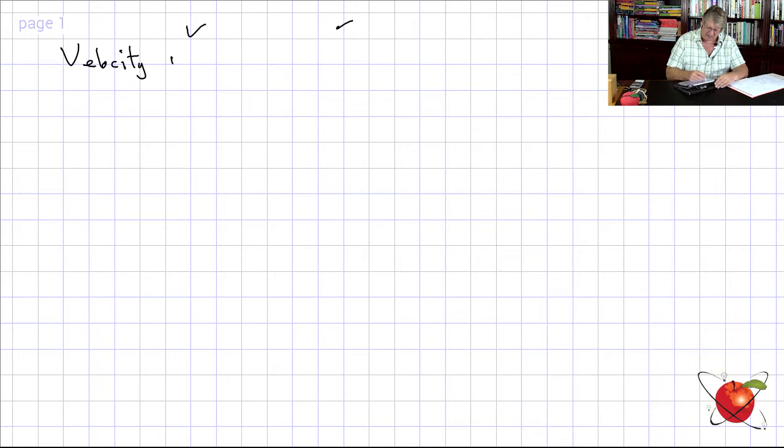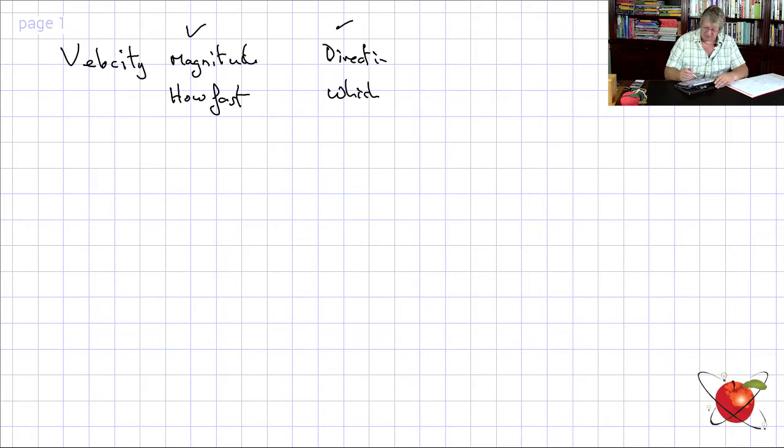So when we talk about going at a certain velocity, I have to have two pieces of info: a magnitude and a direction. Magnitude, in this case, is how fast, and direction is which way. That's very important because we need to know both pieces of information.